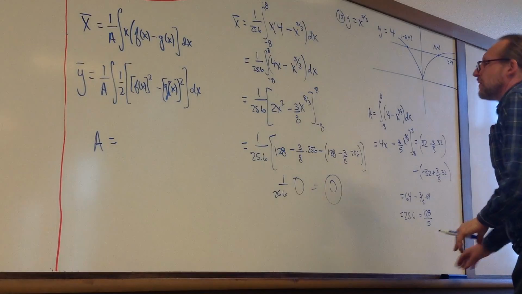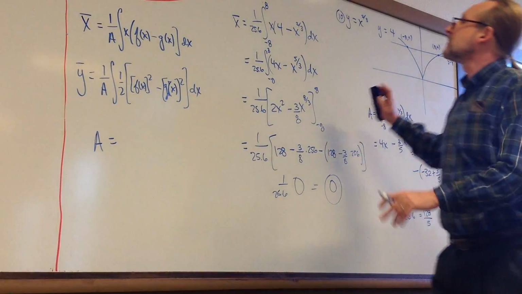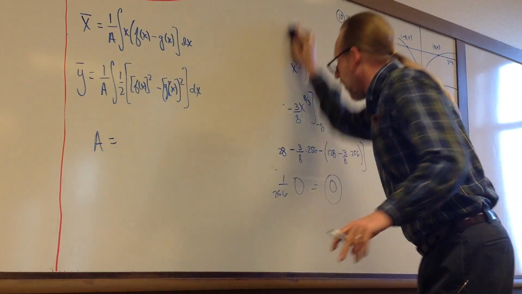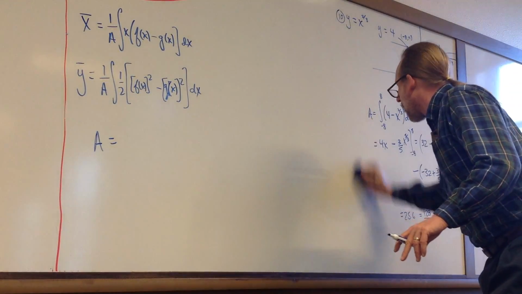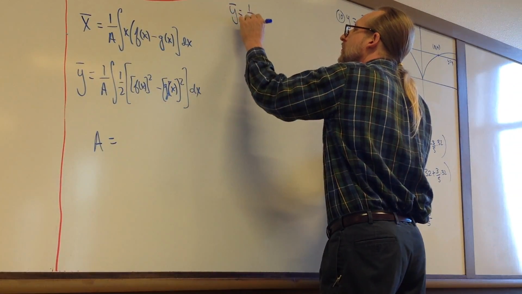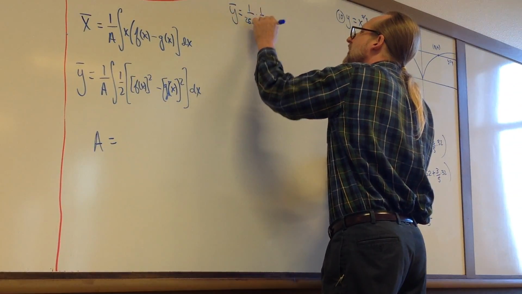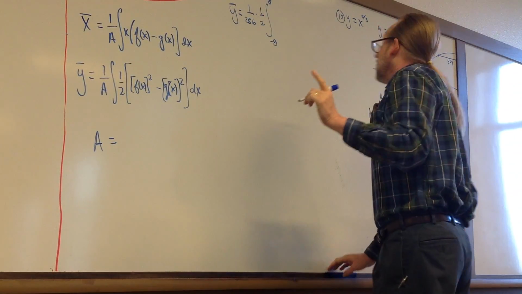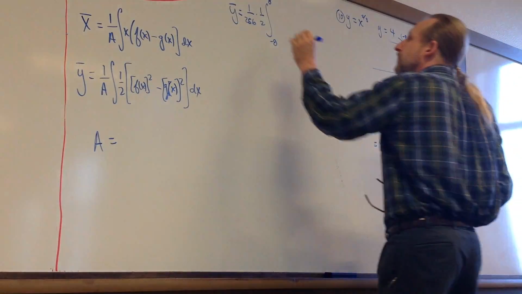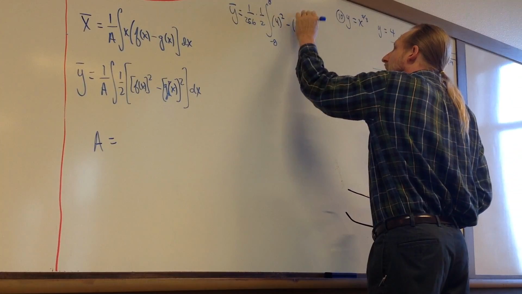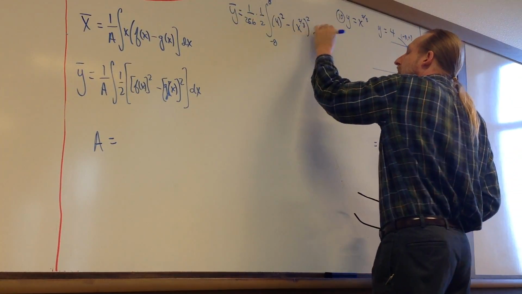But the y value, I think, kind of is interesting. So let's go ahead and do that. All right, so y bar, 1 over 25.6, and then a half. -8 to +8, f squared, so that's the 4, and then g squared is the x to the 2/3 all squared.